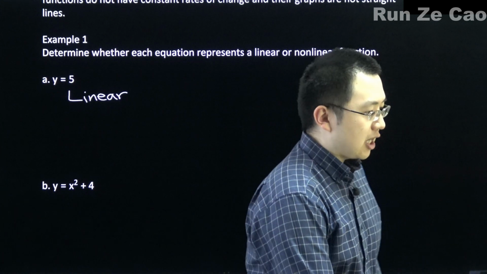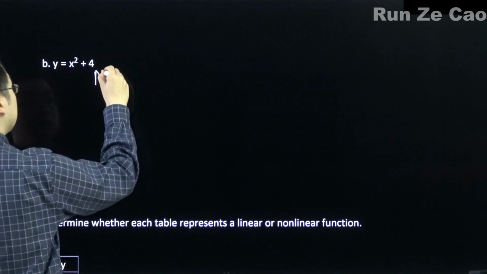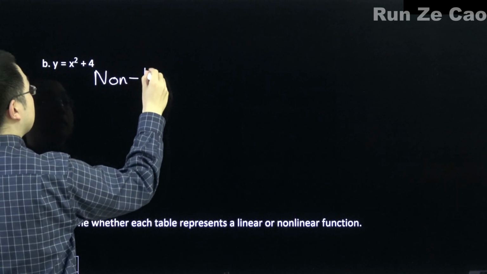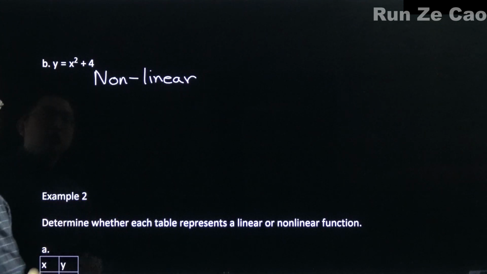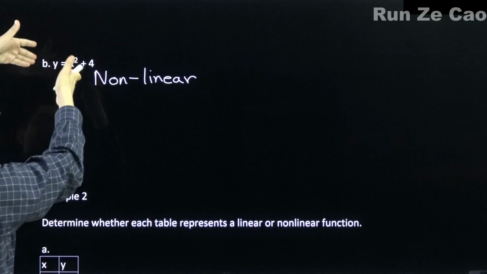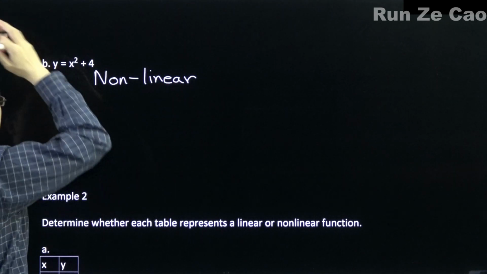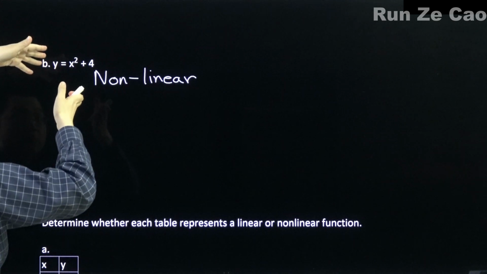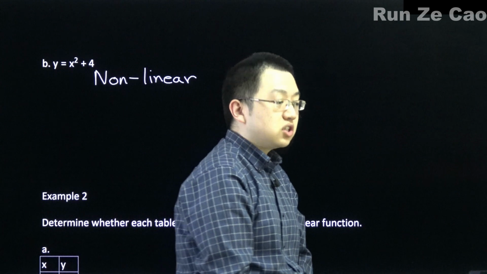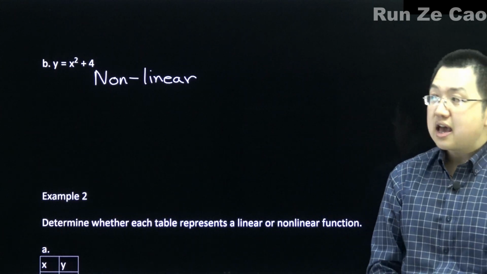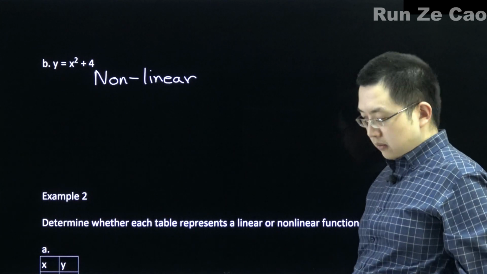The slope is changing. Therefore, it's not a straight line. This is nonlinear. Of course, we could also have told that by just looking and seeing that the degree of all the terms is not either 0 or 1. If the degrees are not either 0 or 1, then you got a nonlinear function on your hands.